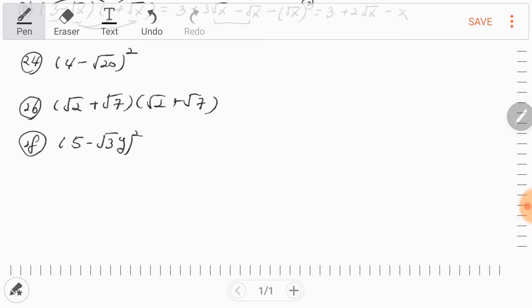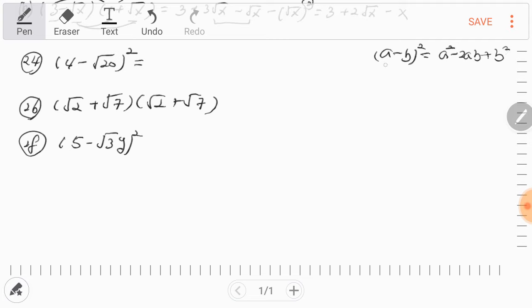Okay, this is a binomial squared. We can multiply this binomial twice using FOIL, or we can use a formula. Do you remember the formula for a minus b squared? Then this is equal to the first term squared minus 2ab, and then plus b squared.